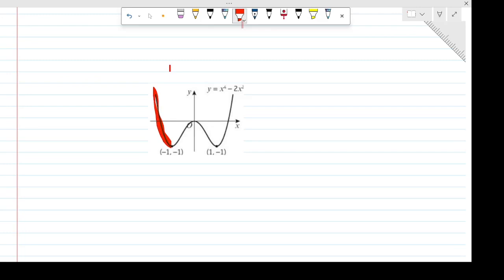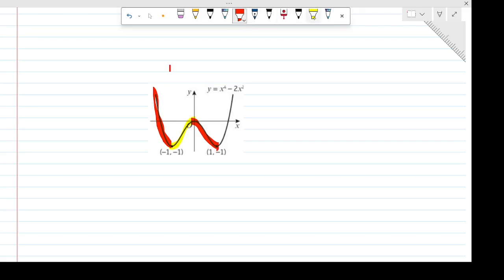Then what about after it reaches this point here, minus one? Hopefully you can see the curve is picking back up. Then it's increasing from minus 1 until the origin, till 0. Then it starts to level off. Then it's going down again like a roller coaster. So then it's decreasing after 0 until the second point here, and then it's picking back up again.